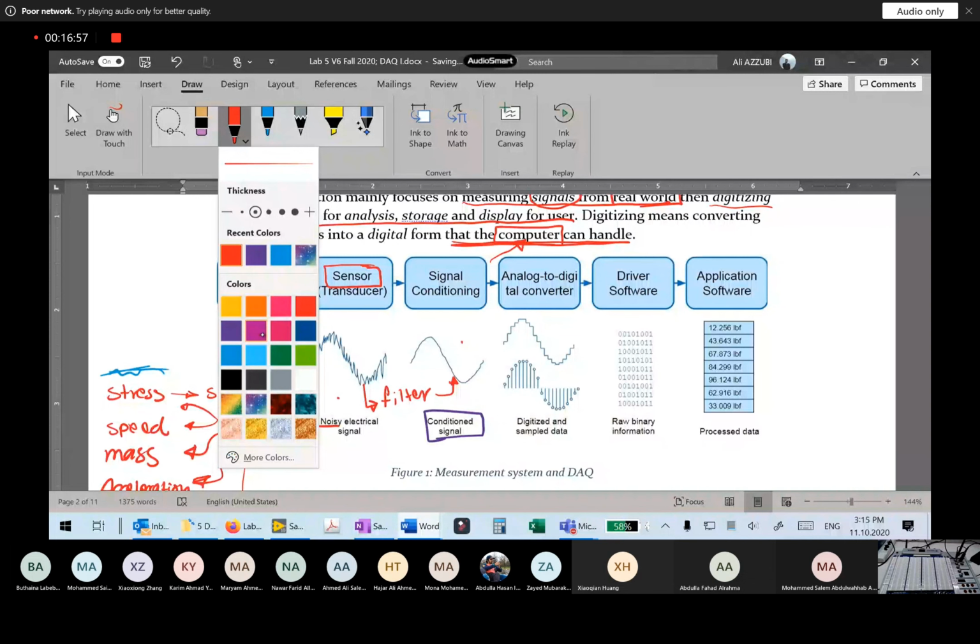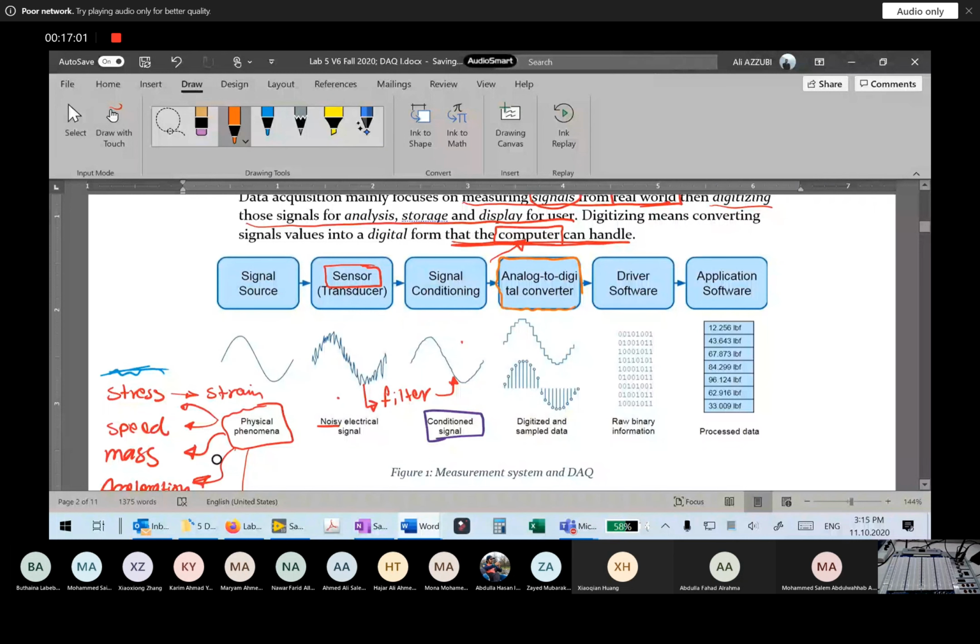This is my interest today: the analog to digital converter.